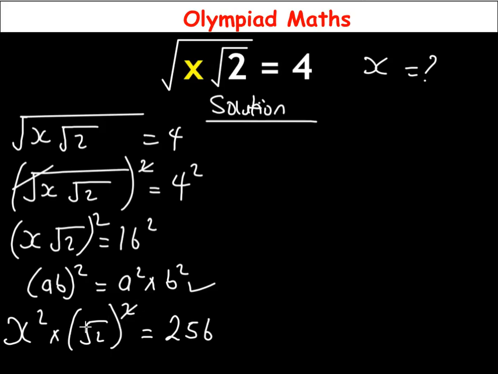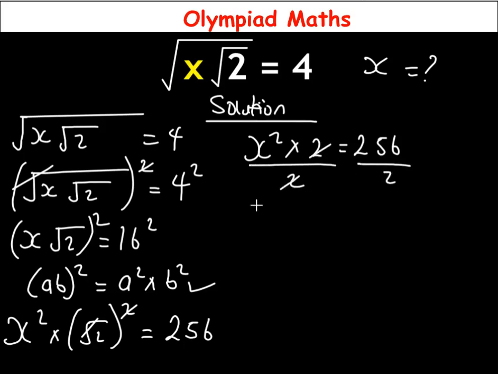Now, the square will cancel the square root, so we have x² times 2 equal to 256. To make x² stand alone, divide by 2 over 2, x² is equal to 256 over 2, which is 128.